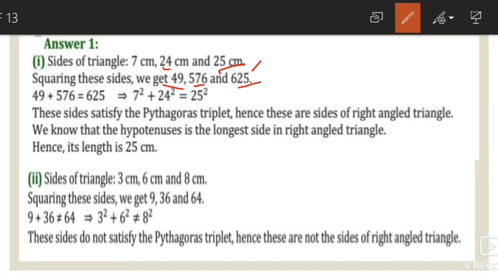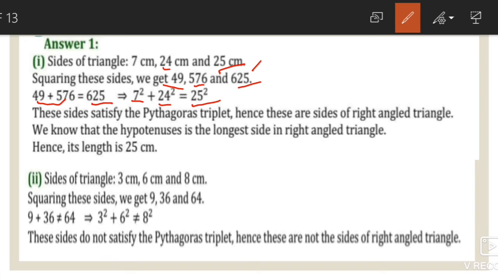Now if you add 49 and 576, you will get 625, that is 7 square plus 24 square is equal to 25 square. The sum of squares of two sides is equal to the square of the third side. This satisfies the Pythagoras triplet, hence these are sides of a right angle triangle.